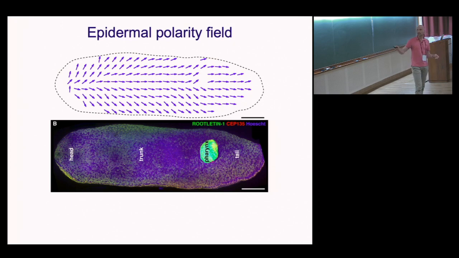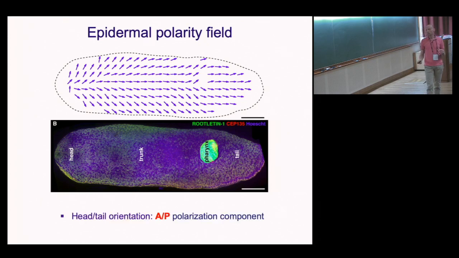And what you can see immediately by looking at this representation up here is that overall, indeed, the cilia in the animal are highly organized, right? So it's obvious that the field is actually quite coherent. On top of that, there's clearly a strong AP orientation component.